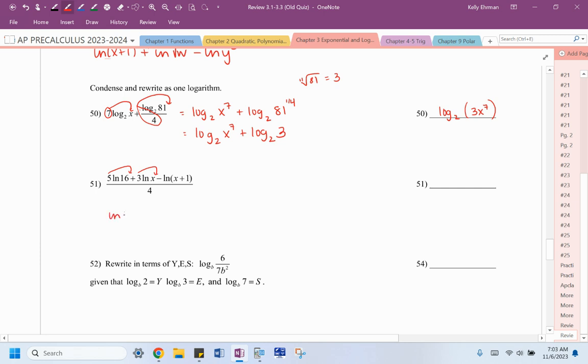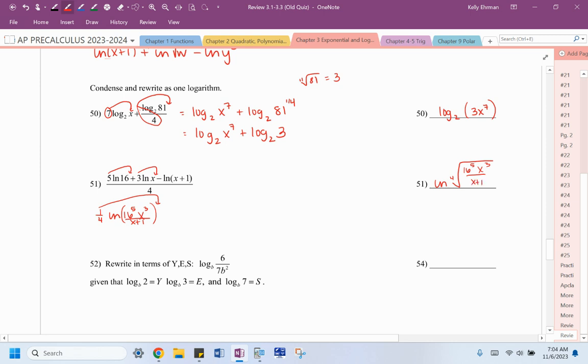So natural log of 16 to the 5th times x to the 3rd divided by x plus 1. All of that has a 1/4 out in front, or divided by 4 still. And so I'm just going to put a big 4th root on this whole thing. And again, just leave it 16 to the 5th, x to the 3rd over x plus 1.